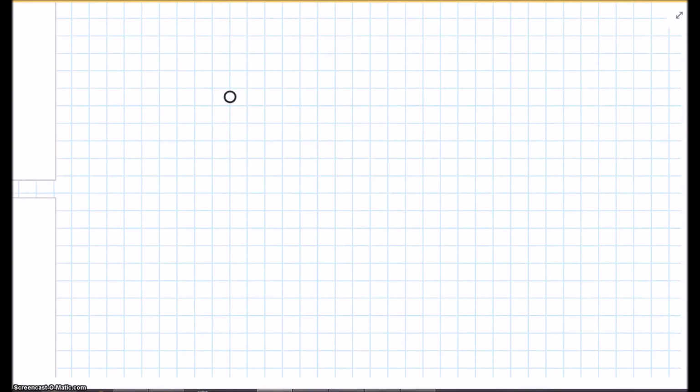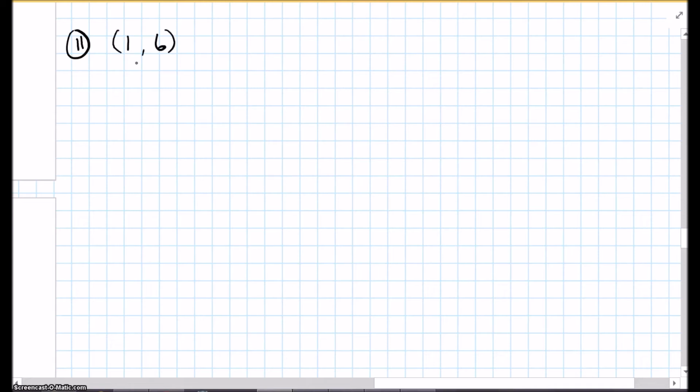Okay, going on to number 11. Find the slope through these 2 points, (1, 6) and (8, -1). So that's our x and y values. Our slope is the change of y over the change of x. So what is 6 minus -1? +7.